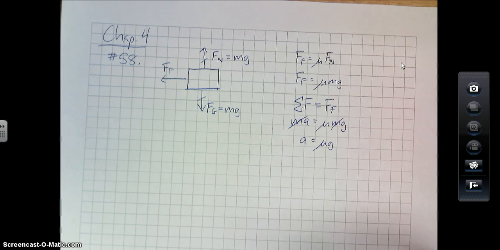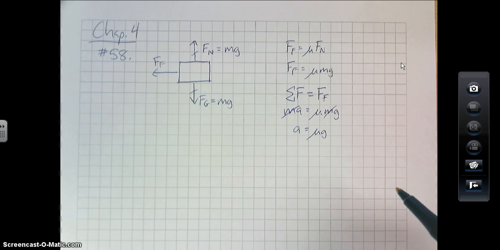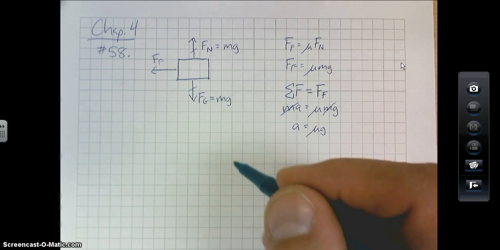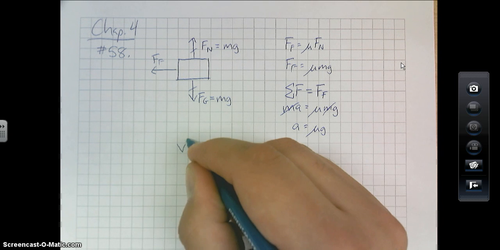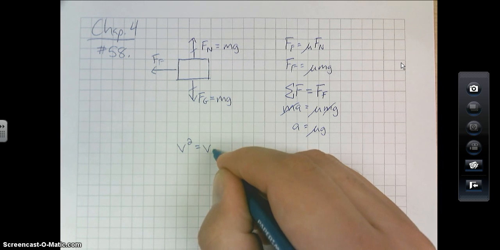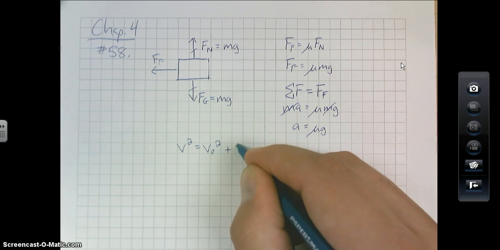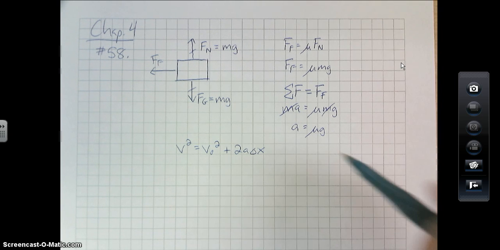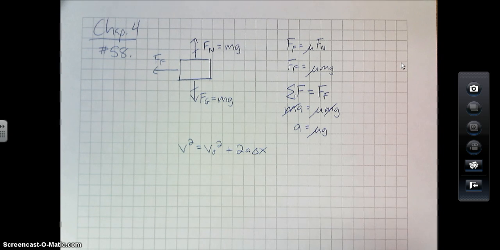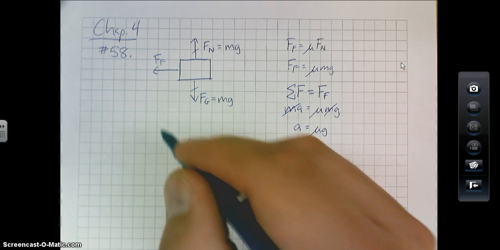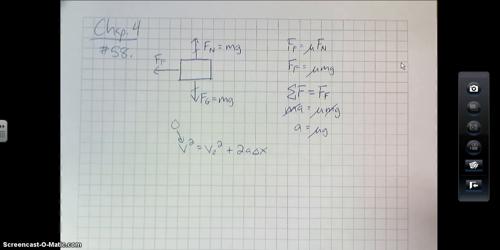Now the one thing that we have nothing of, and it wasn't stated in the problem at all, is a time. So from your experience with your kinematic equations, you have a kinematic equation that reads v squared is v naught squared plus 2a delta x. Okay, and in this case, if you're coming to a stop, v is 0.